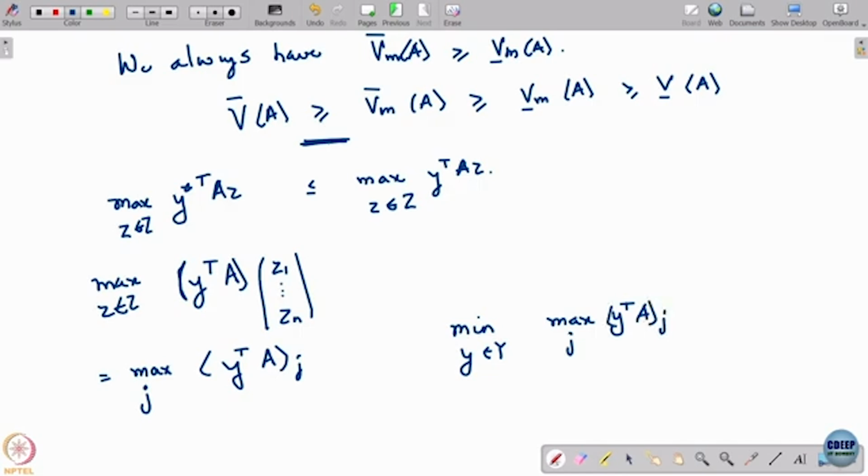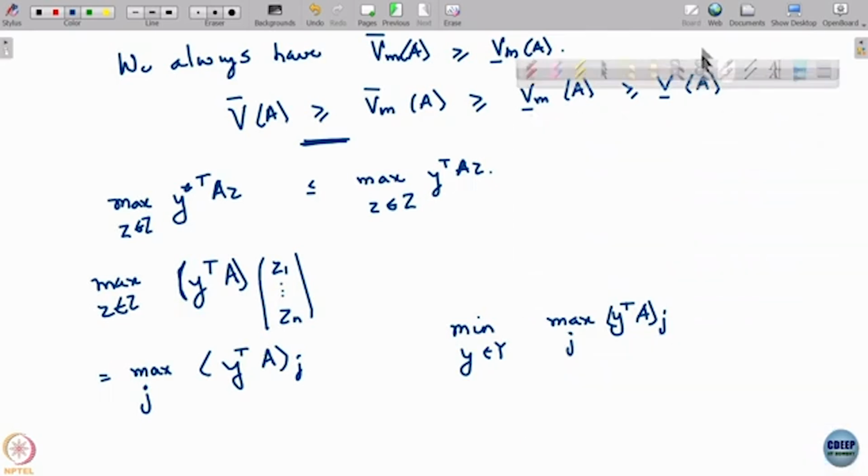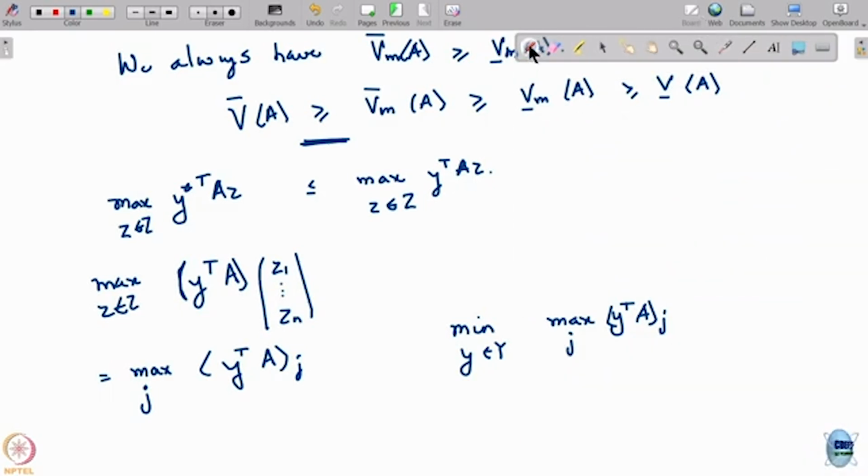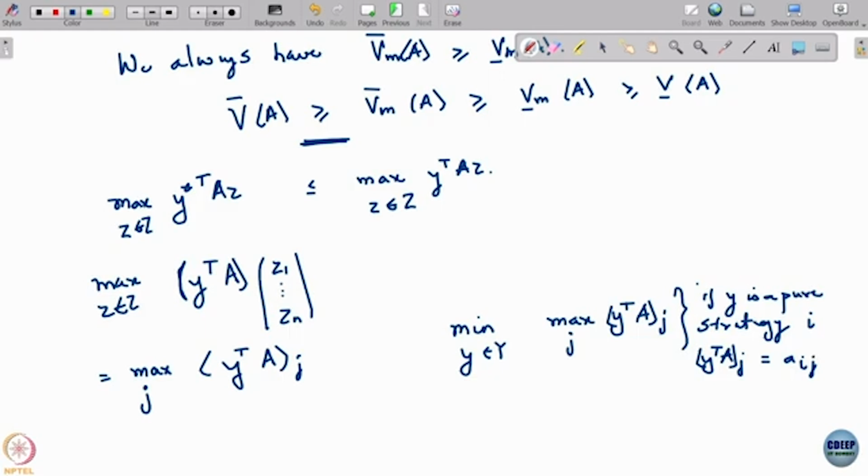is naturally more general than minimizing over every row, because I can take Y to be a pure strategy and then I would get just a i j there. If Y is a pure strategy, Y transpose A j becomes just a i j.